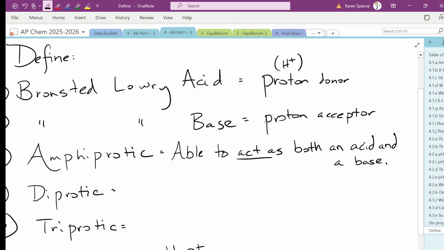Did you guys like the picture of the frog for your homework? Amphi, meaning both. Amphibians can live on both land and water. This can act both as an acid and a base.